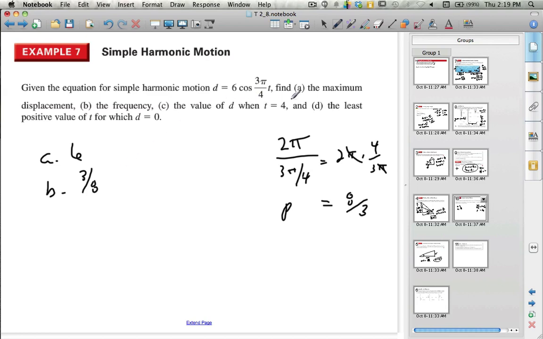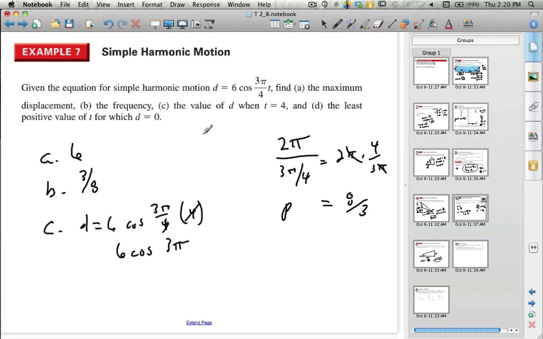What's the value of d when t is equal to 4? Okay, so when t is equal to 4, I have d is equal to 6 times the cosine of 3 pi over 4 times 4. Well, these will cancel. I'll just get 6 cosine of 3 pi.